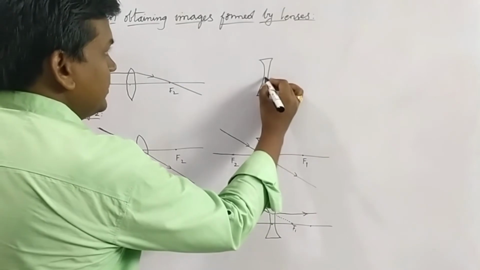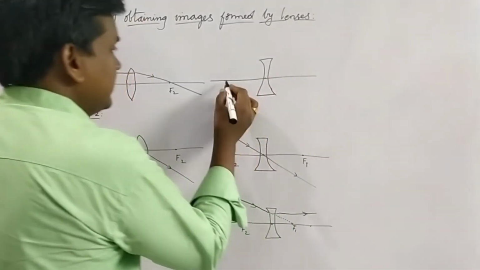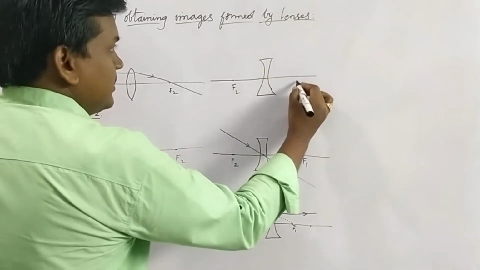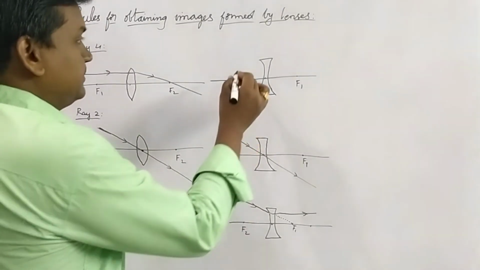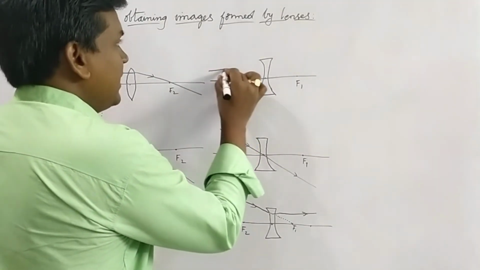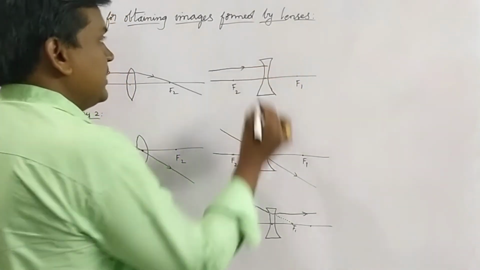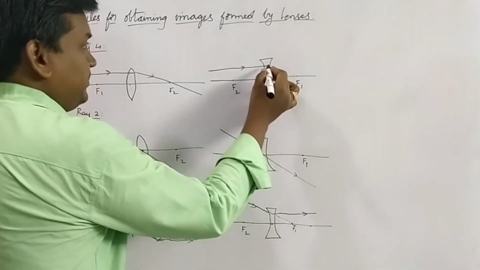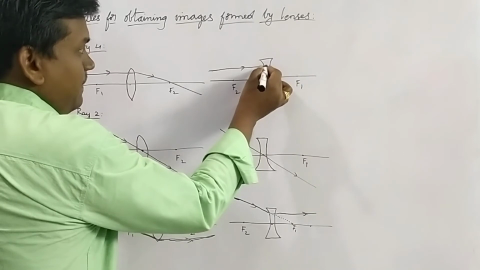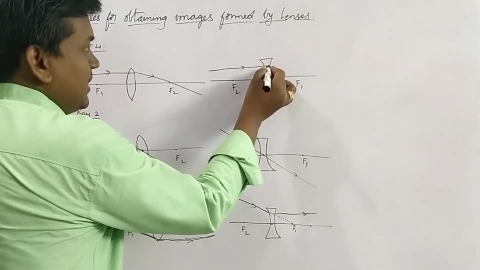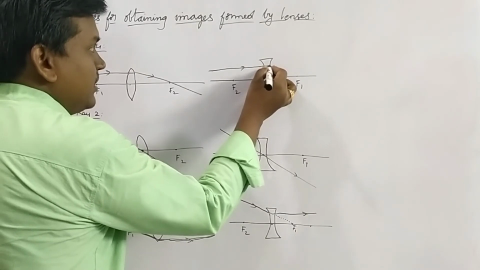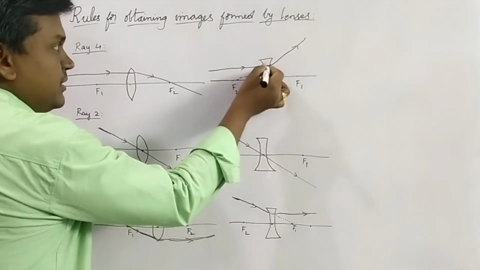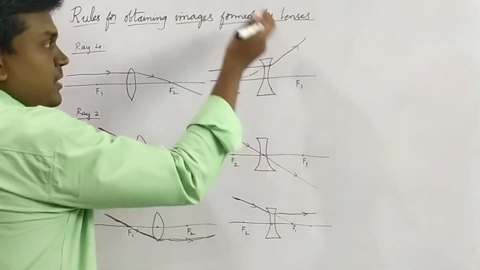And now if you consider the concave lens, this is the optical center, and this is the principal axis. Here we will consider the focus for the second surface, focus for the first surface, and a ray which is parallel to the principal axis. Here the ray is parallel to the principal axis, and it appears to pass through the focus. Actually, as it is a diverging lens, the ray will diverge, but it appears to diverge from the focus.